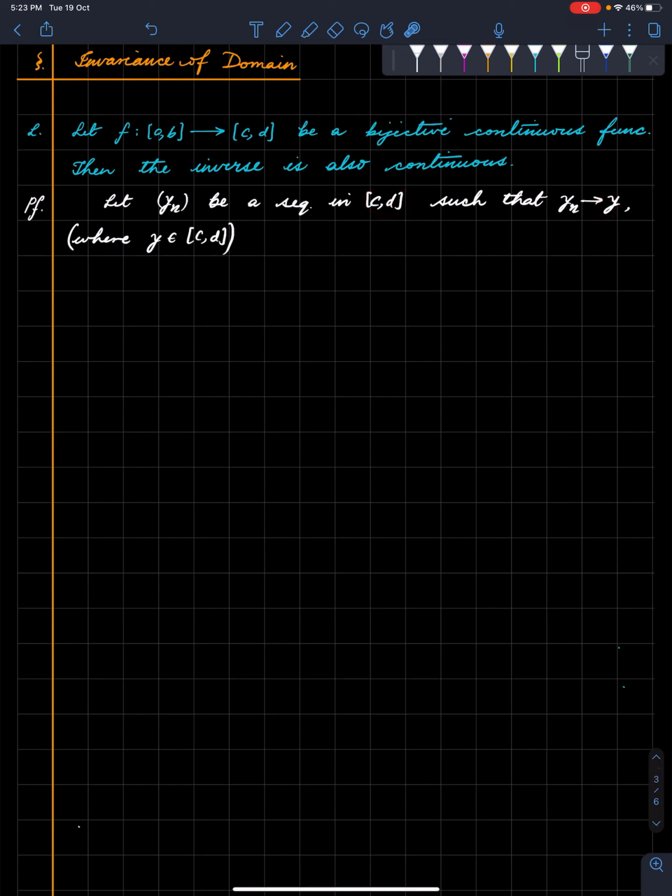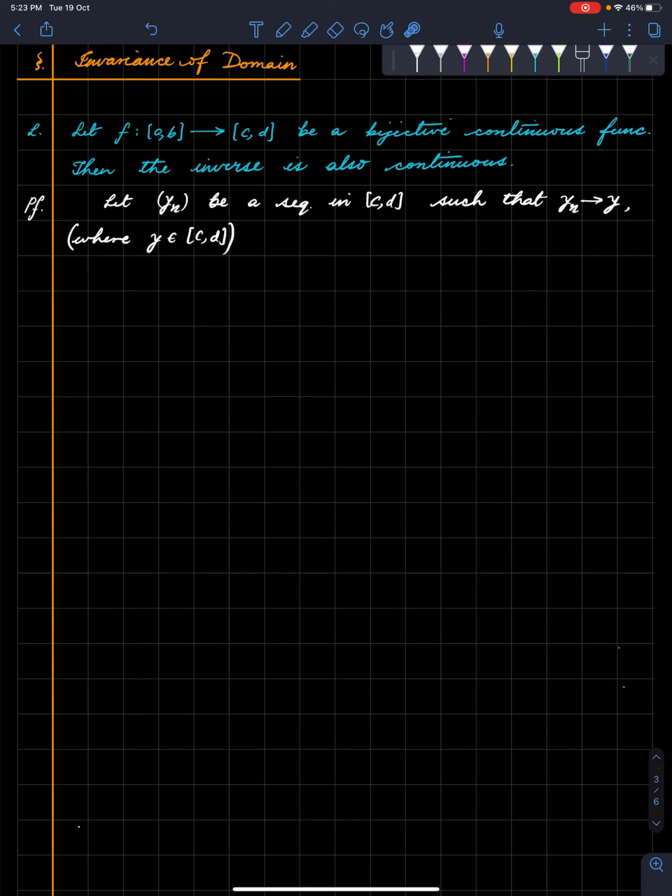Why I write this is just because any sequence, all of whose points are in a compact set, has its limit, if the limit of the sequence exists, meaning if the sequence is convergent, then the limit of the sequence is also in that compact set. So we don't really need to say that y is in c comma d, but when we use the convergence criterion, what we do is we pick a sequence of points which converges in the domain of the function.